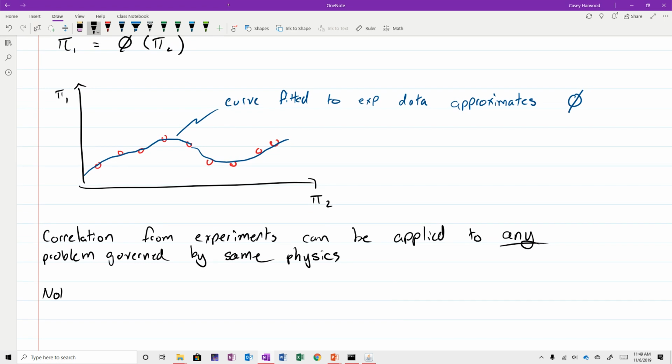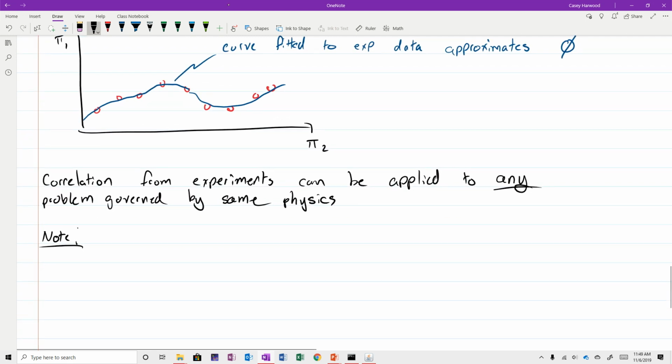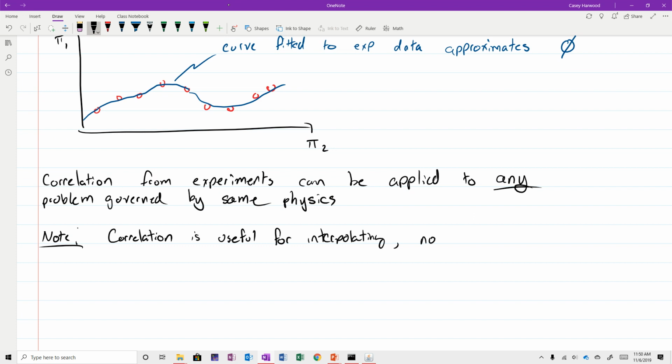It's important to note here that correlation is useful only where you are interpolating between data, and should not be used to extrapolate data.